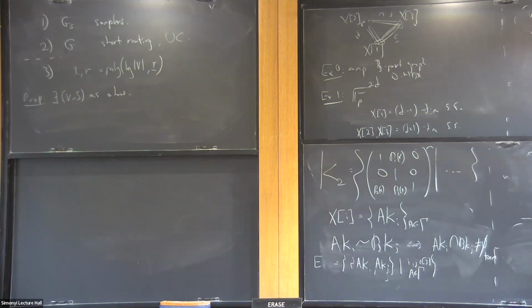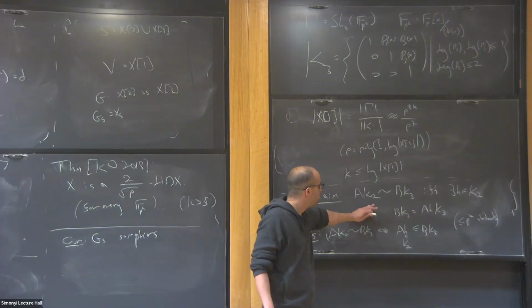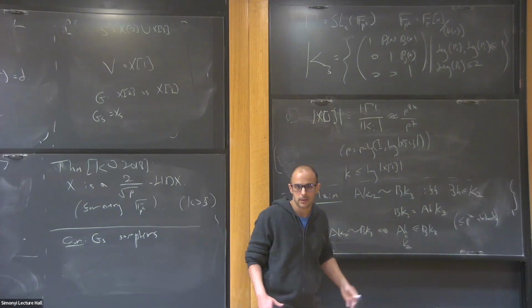In any case, why am I showing you this claim? Not just to count neighbors, but it also gives you a very nice way to route between two cosets.